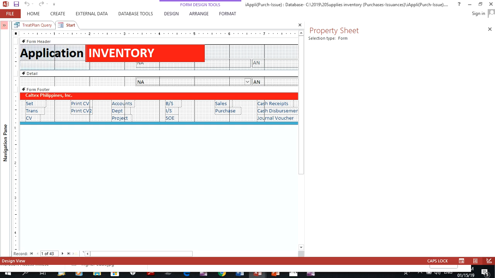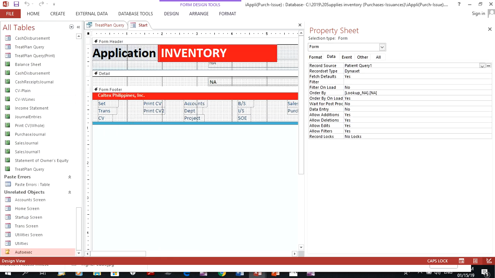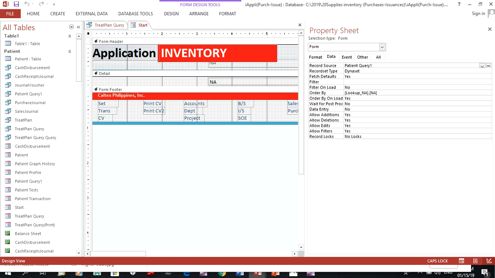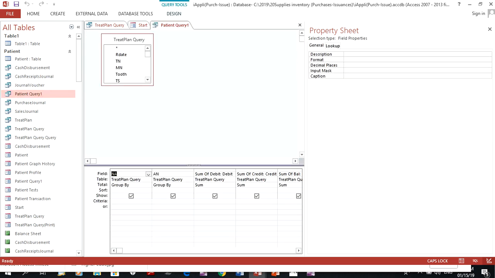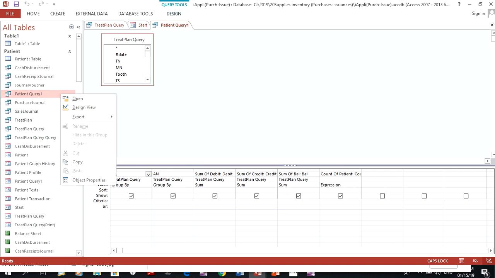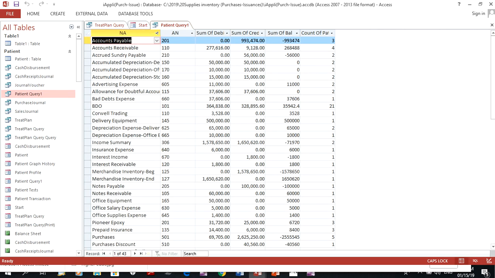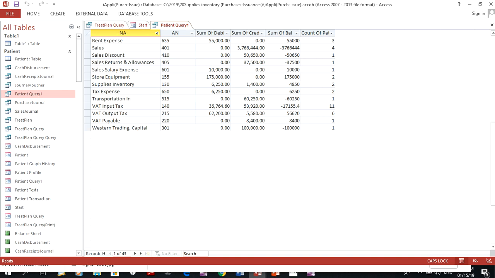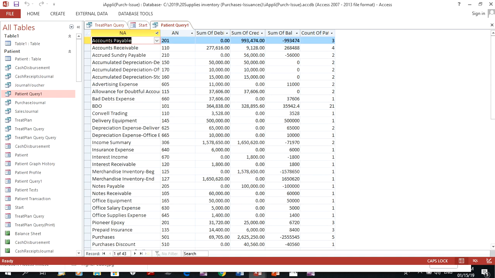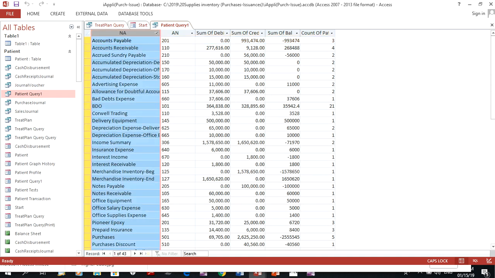Now if you investigate what the patient query file is, you open that, it's a query file which sums the transactions per account.